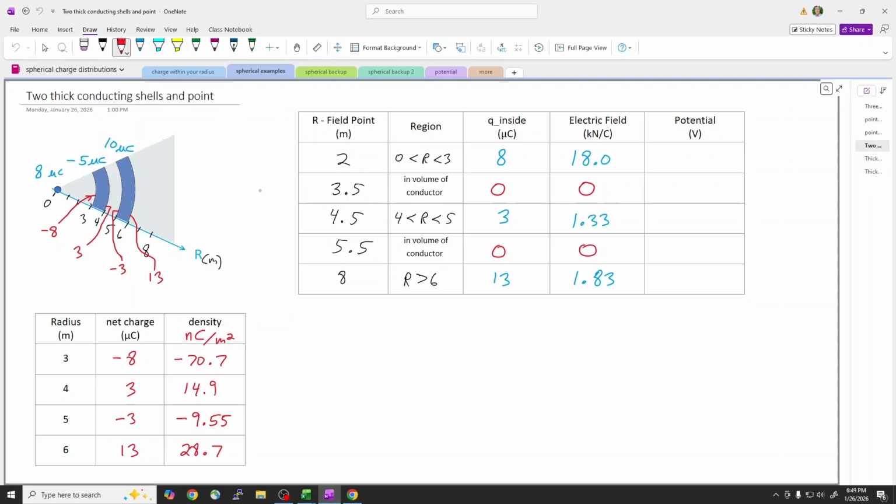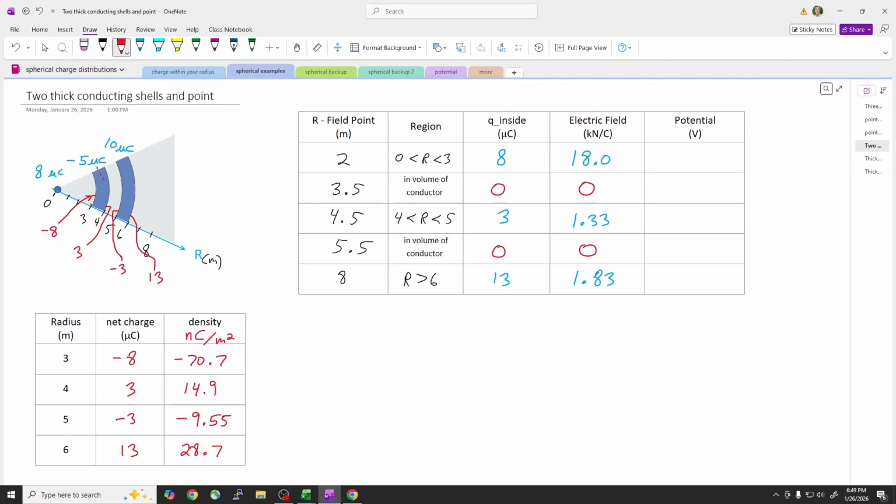We can look at various points in different regions, right? So I picked between 0 and 3 meters, I picked 2 meters. 3.5 meters, a radius that puts you in the volume of that inner shell. Then 4.5 puts you in the space between the two thick shells. 5.5, you are now in the volume of the 10 microcoulomb shell.